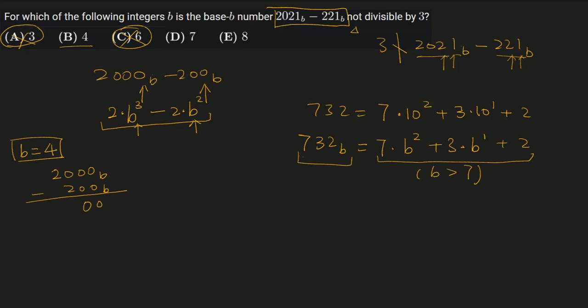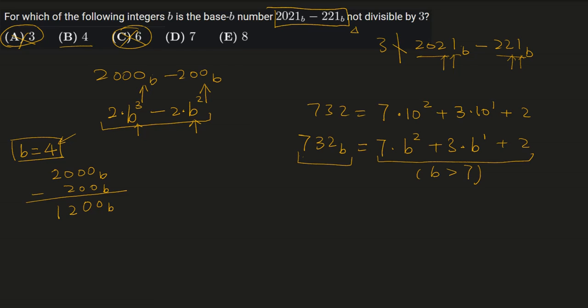Then how much is that digit? Since we are in base 4, the one we borrowed is actually 4. Therefore, 4 minus 2 is 2. And then we have 1. And this is in base b.